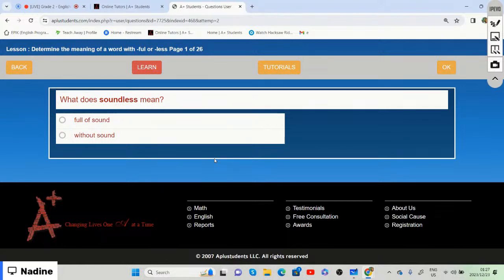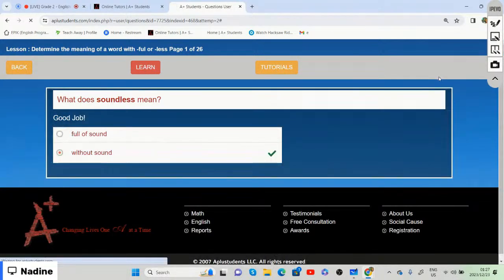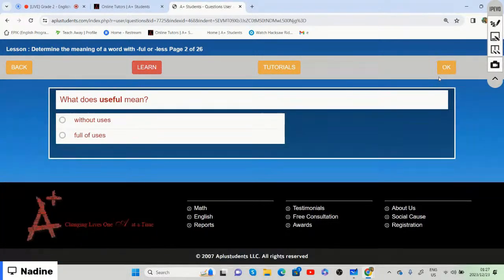If we look at the word soundless, we can say that because less means without, soundless is without sound. Remember we said less means without, and full means full of.